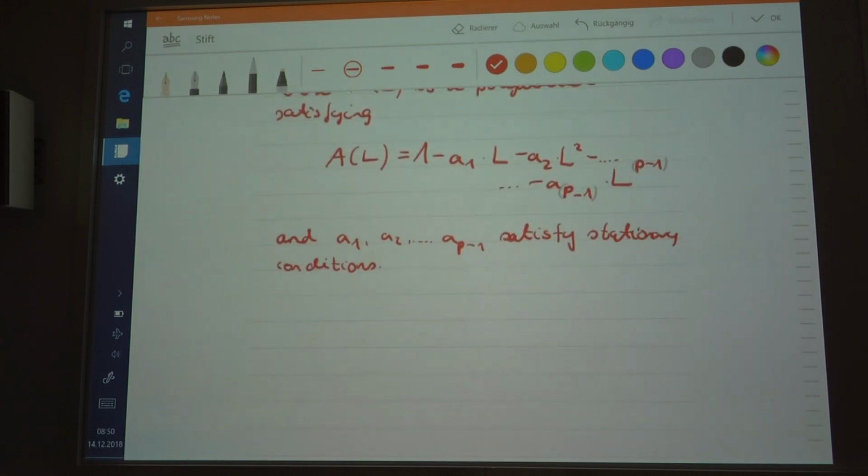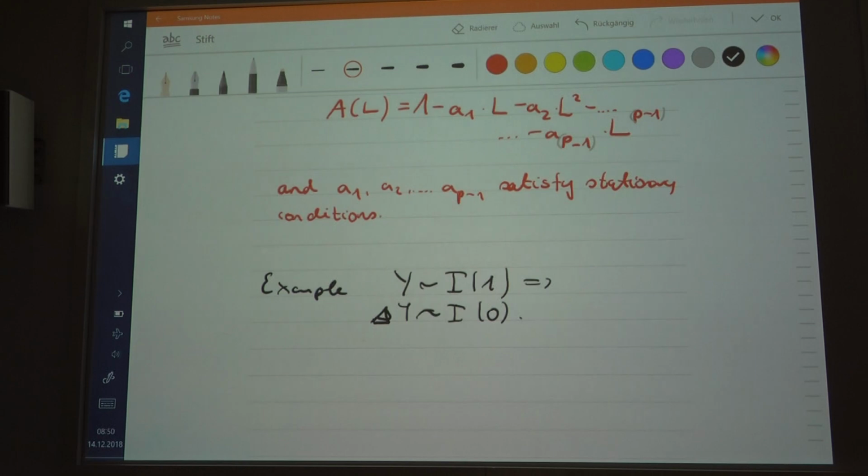So let me just explain why. Here you have the explanation. Say the process is integrated of order 1, then this implies that the difference of the process is integrated of order 0. That's the definition of an integrated process. This is a difference operator, and a difference operator can be written as 1 minus L, obviously.